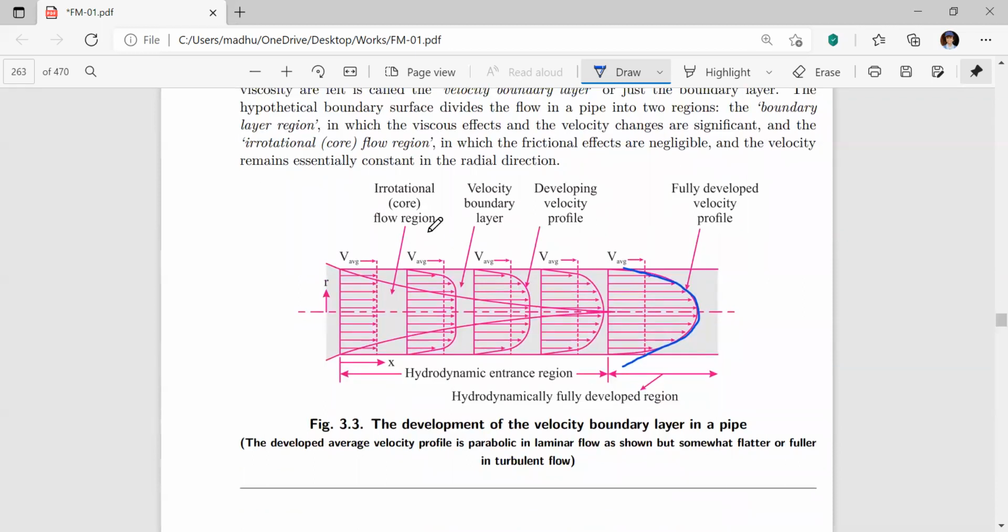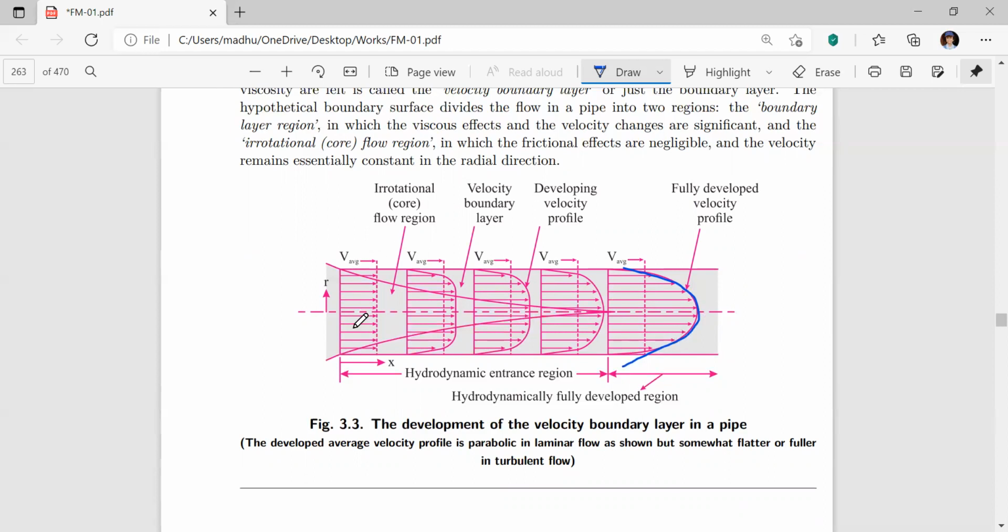Now you can see that the first region is the core region, where there is an irrotational flow region, with no rotation. The second one is the velocity boundary layer, which is gradually developing. The third one is the developing velocity profile. The fourth one is the partially developed velocity profile, and the last one is the fully developed velocity profile.